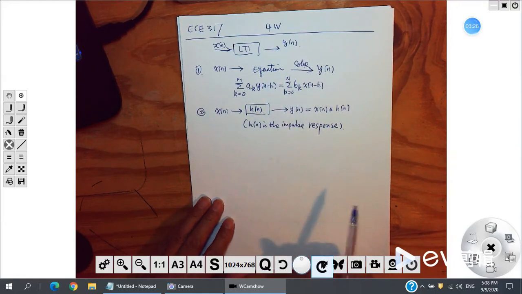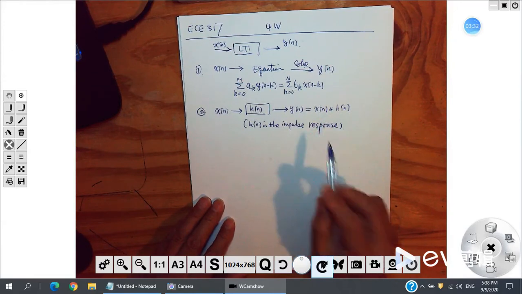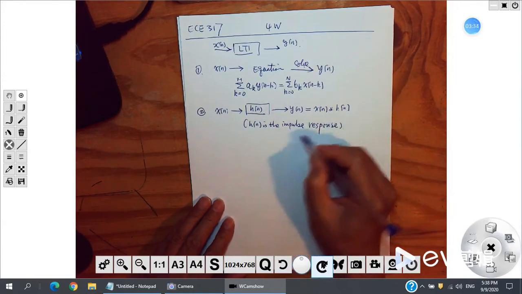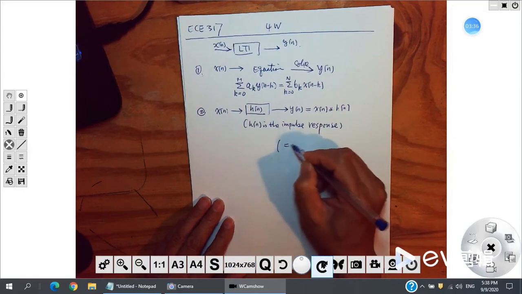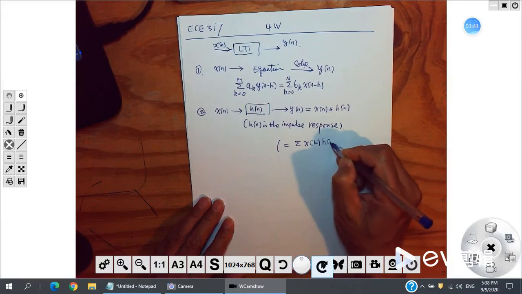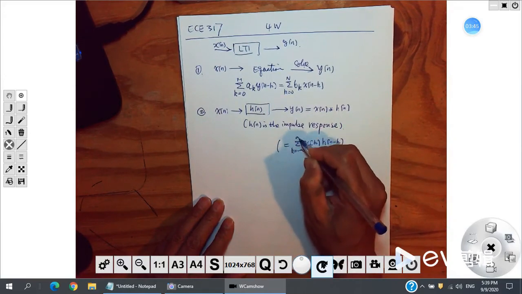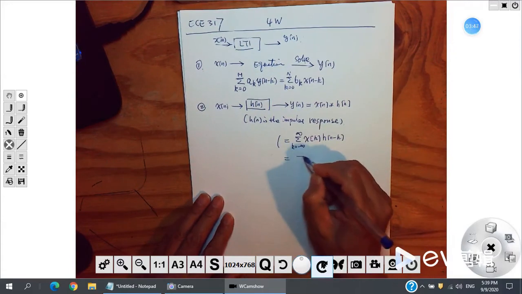Okay. But the convolution is also not so easy. Remember, to do the convolution, you can use the definition. That will be the summation of x of k times h of n minus k for all the k's. Of course, you can also reverse the order.